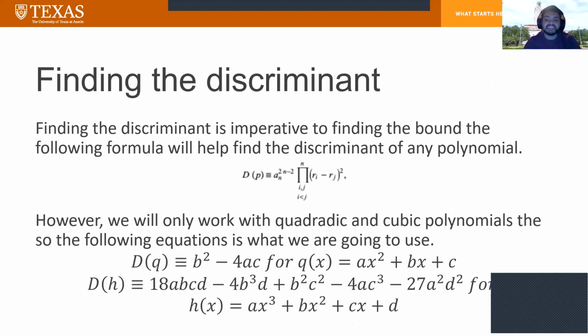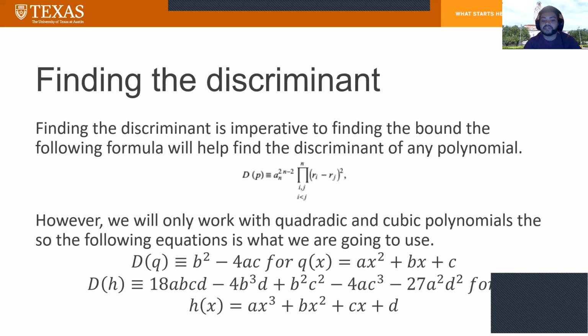Finding the discriminant is imperative to getting the Minkowski bound, and there is a formula to find the discriminant of any polynomial, but that is fairly complex to grasp, and we are only going to be working with quadratic and cubic polynomials. Thus, I present to you the discriminants of those polynomials.